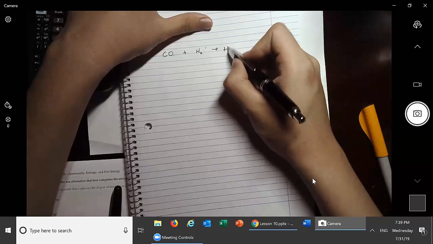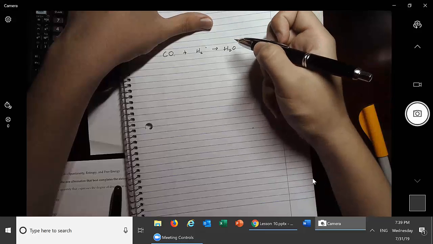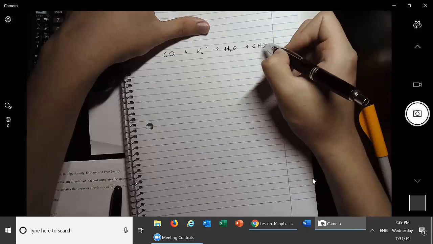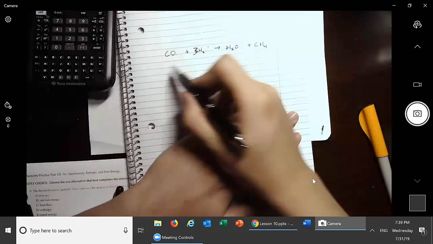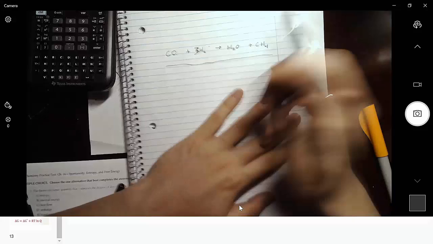So H2 plus, and then CH4, and then we have to balance this, so that should be a 3. Okay, so let's do this reaction. This is a very industrially important reaction.